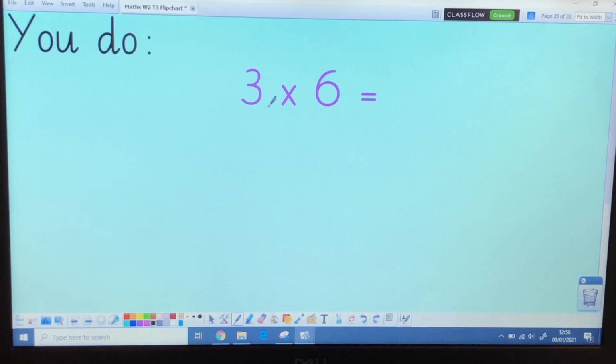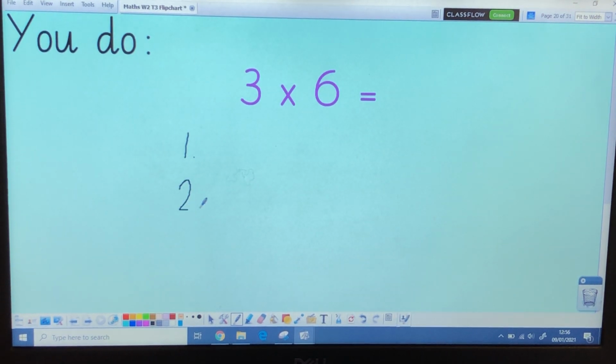So we know for this sum, we need 3 groups because that is our first number. So 1, 2, 3. Now the second number tells us how many we need, and we need 6 in each group. So I'm going to draw 6 in each group.